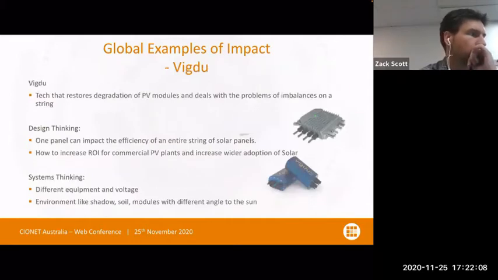Video is another one straight out of Israel. They saw that there was a problem in the solar array space. People create solar farms, and one panel, for example, can impact the efficiency of an entire stream. And so they started this deep research in how do you actually lift the entire effectiveness to increase the return on the investment, because that's what people wanted.